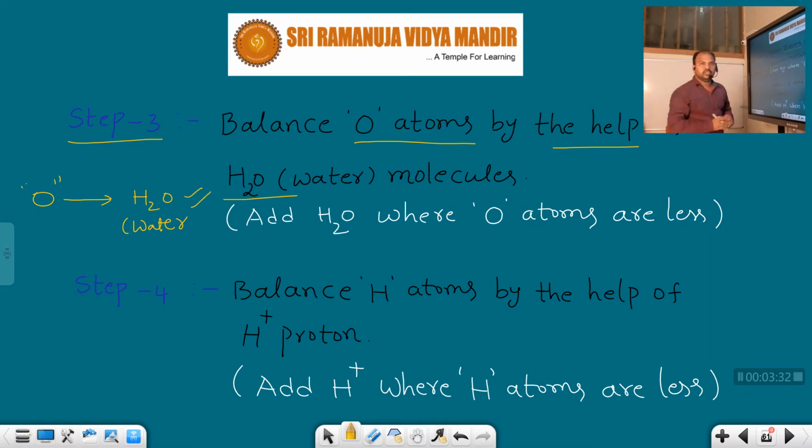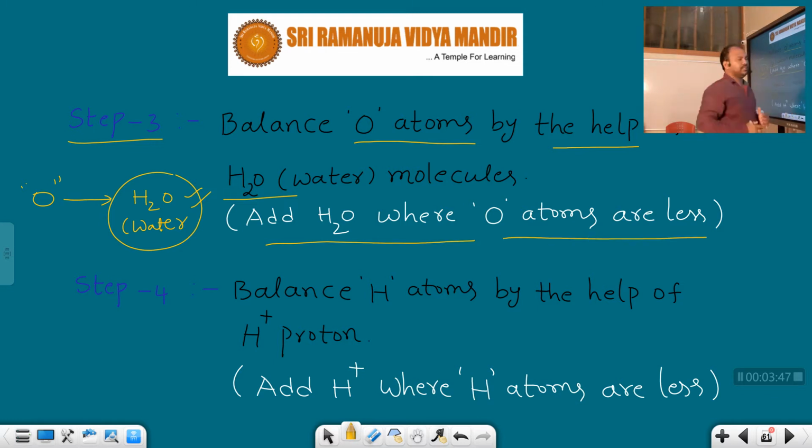Water molecule. Students, have you understood or not? Whenever there is an oxygen deficiency in the oxidation reaction or reduction reaction, we have to add water molecules. So add water molecules where the oxygen atoms are fewer, that is, on the side where the oxygen atoms are deficient.